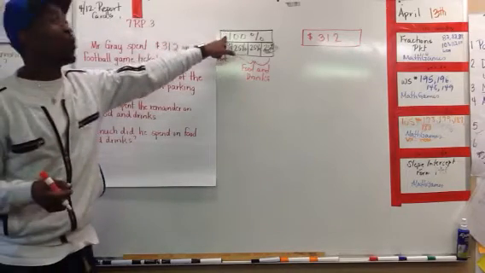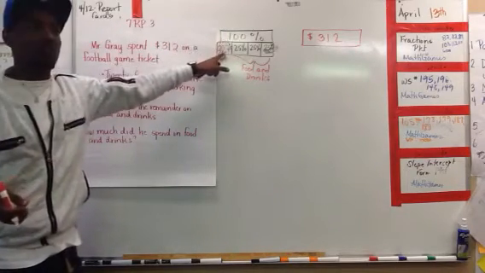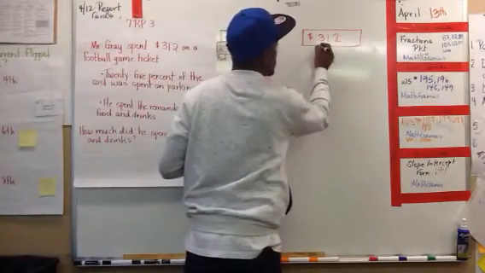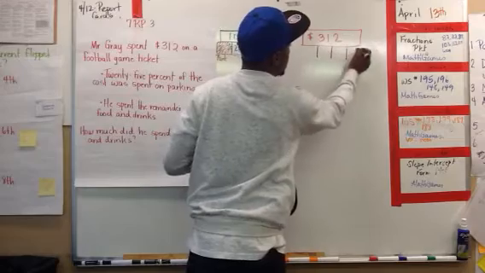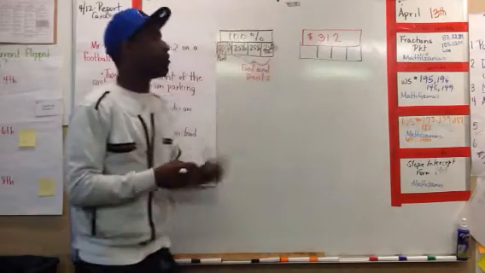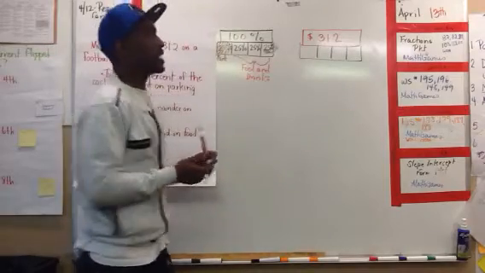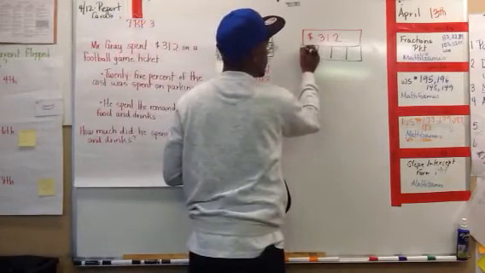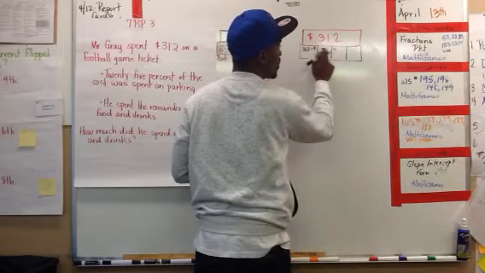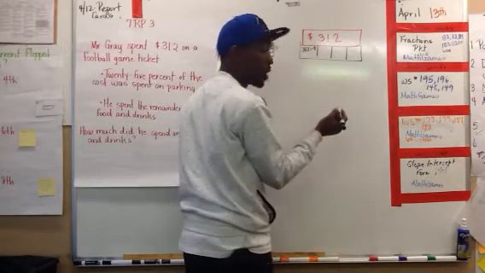I know there's 4 quarters in a dollar, so there's 4 25%s in 100%. So I'm going to break this 312 into fourths. Well, if I want to know what 25%, what each mini bar or fourth equals, I can do 312 divided by 4. And it'll tell me what each piece equals, right?